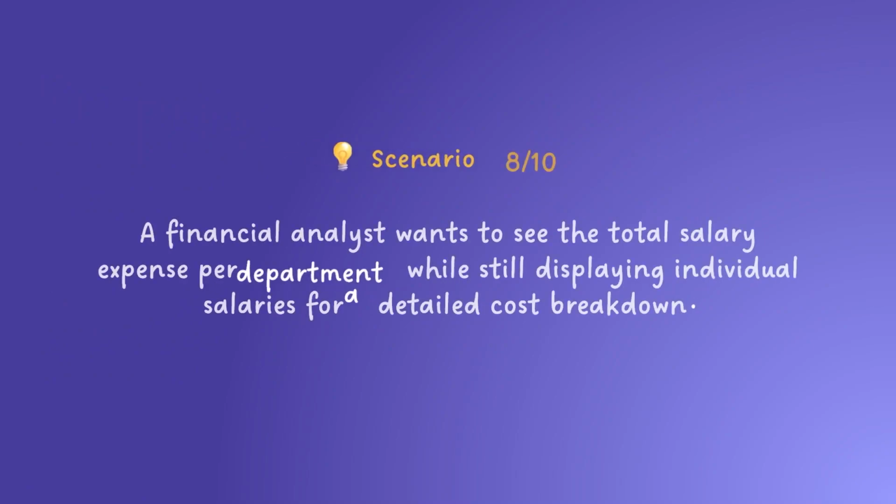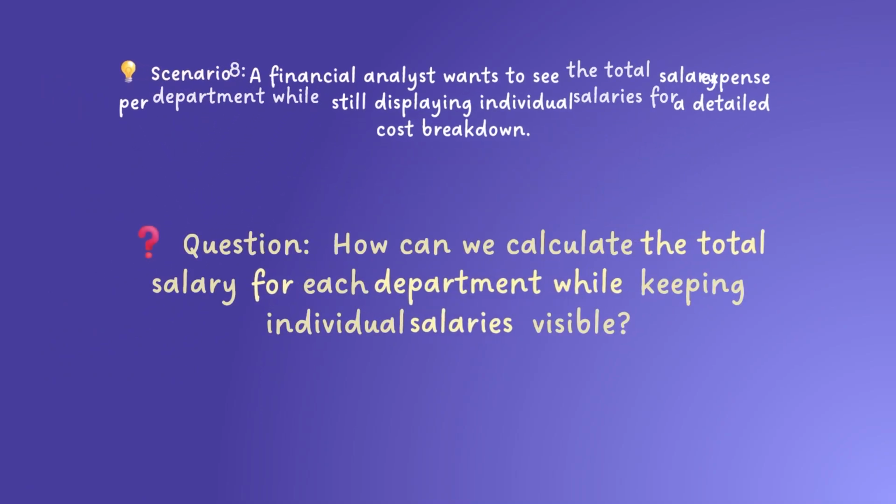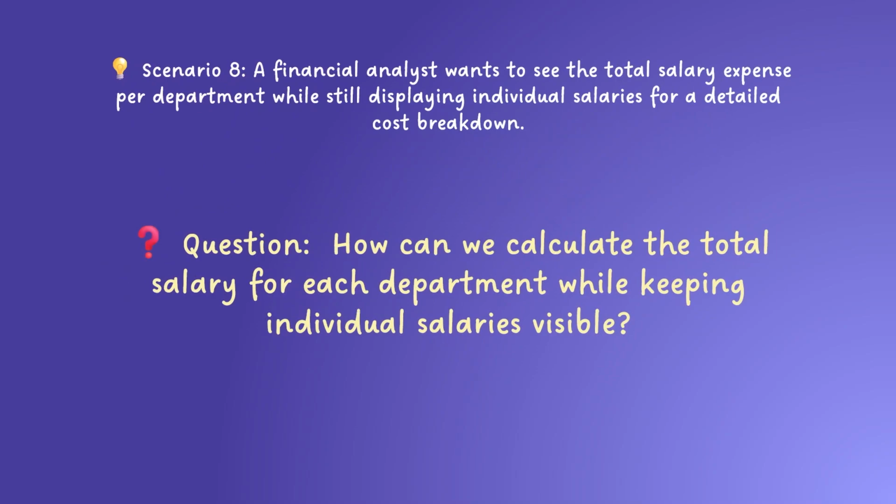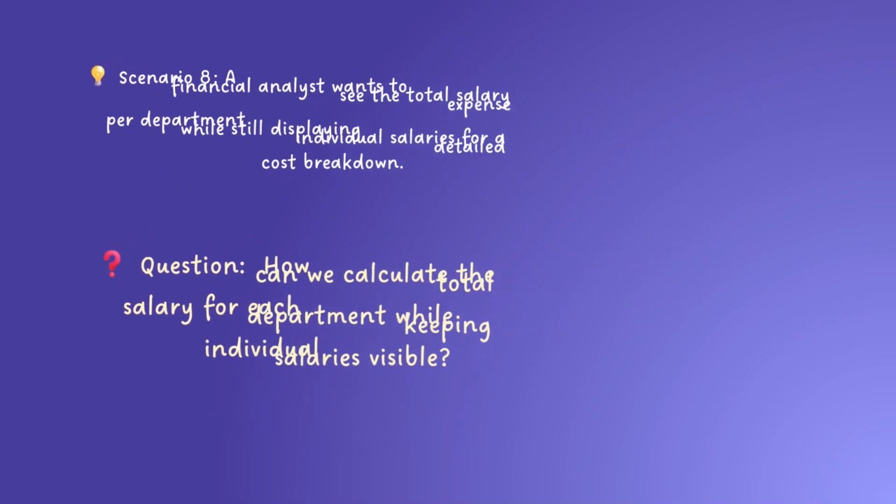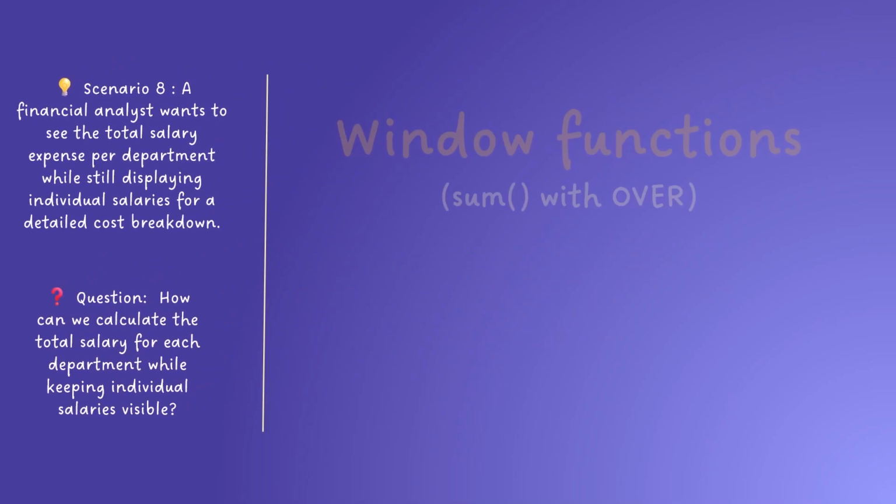We now come to our scenario number 8, where a financial analyst wants to see the total salary expense per department while still displaying individual salaries for a detailed cost breakdown. And the question that we have here is, how can we calculate the total salary for each department while keeping the individual salary visible? So what we can do here is use the window function, and what it does is that it performs a function over a particular set of rows.